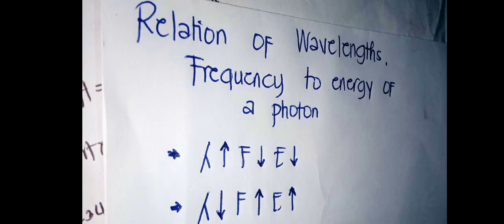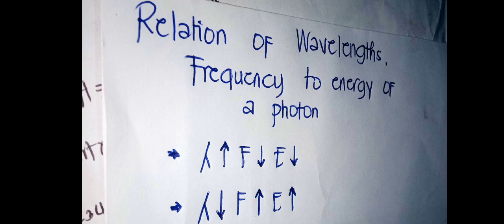So here is the relation of wavelength and frequency to the energy of a photon. First, let us look at wavelength, frequency, and of course energy. Wavelength is the distance between consecutive peaks or troughs of an electromagnetic wave. Frequency is the number of oscillations or cycles per second of an electromagnetic wave, while energy is the amount of energy carried by an electromagnetic wave.